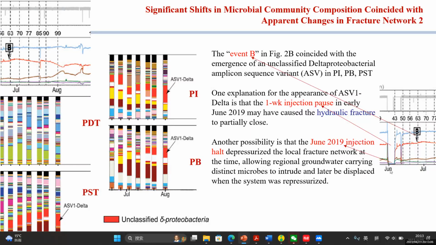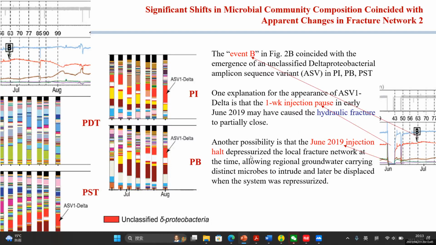One is that in early June 2019, there was a 1 week injection pause. So it may have caused a hydraulic fracture to partially close. And the other one is also during this pause, but maybe it changed the pressure.